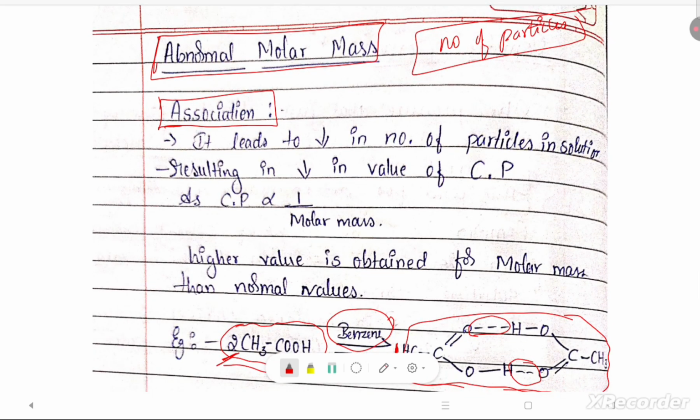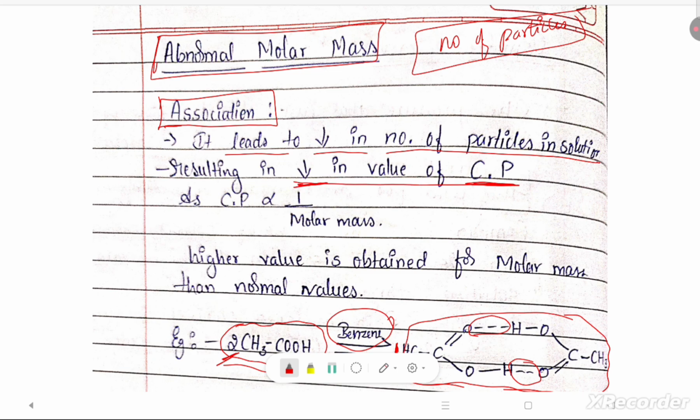Due to this association, the number of particles in the solution decreases. Because the number of particles in the solution is decreasing, the value of colligative property also will decrease.